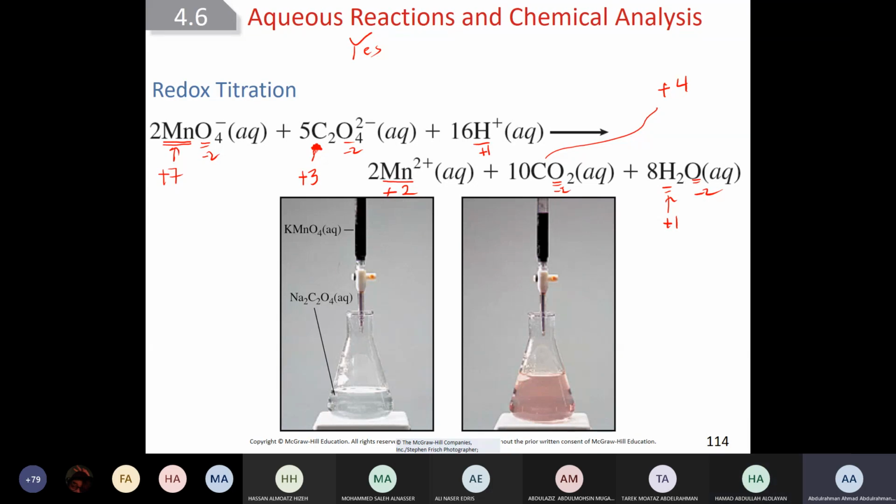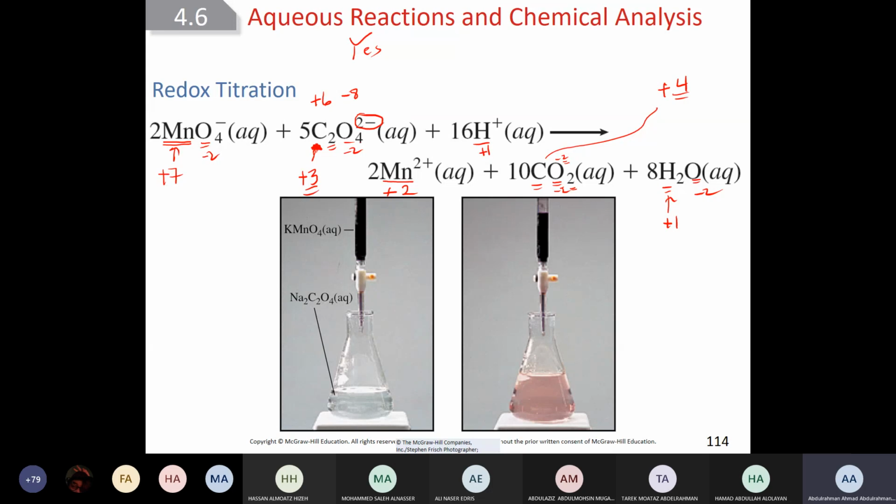Because in here it's clear, -2 for oxygen times 2 is -4, so this must be +4. And this one, -2 times 4 is -8, and this one has C2, but there is -2 at the top. That's why this is +6 for 2 carbons. Each one is +3.